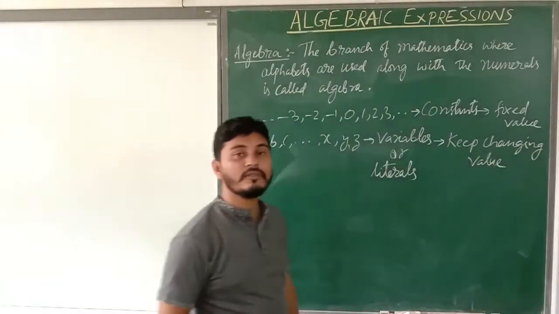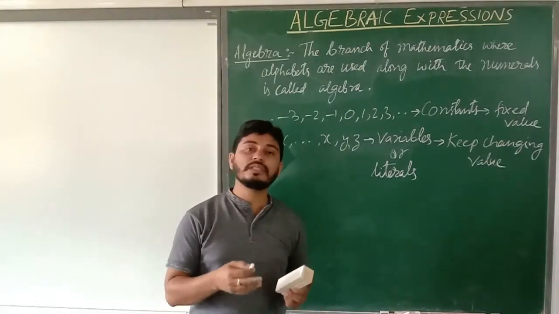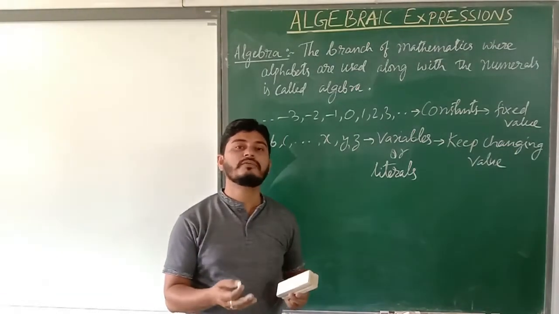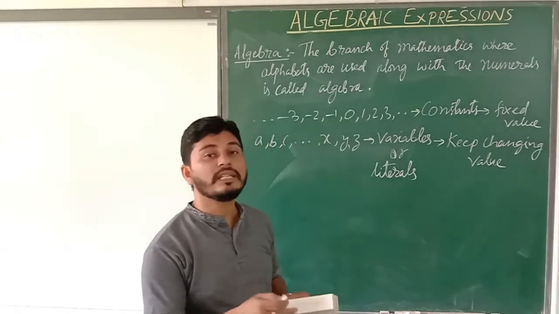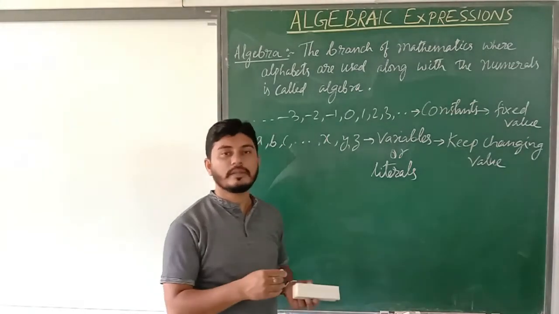They are not constant. For example, in some sums, if a is equal to 20, in another sum a can be equal to 50 also. Likewise all the literals, all the variables, keep on changing their value. It will be more clear when we do some example sums.